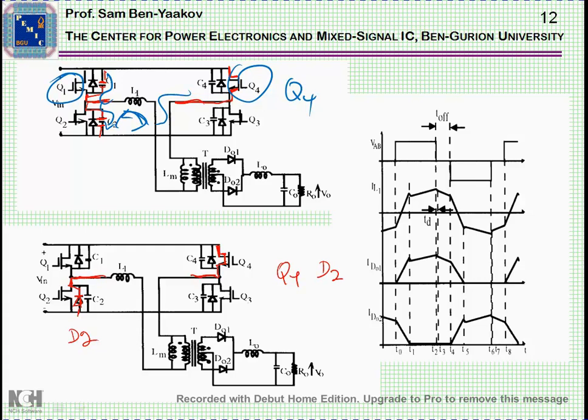I'm sorry. It was plus here and minus here, so the current was going this way. So this is the direction of the current. So eventually this diode will start to conduct, and when this diode conducts, we are ready to turn on this transistor under zero voltage switching.